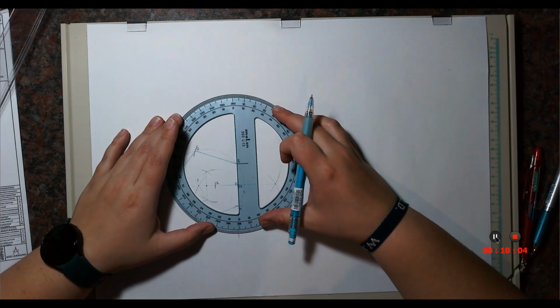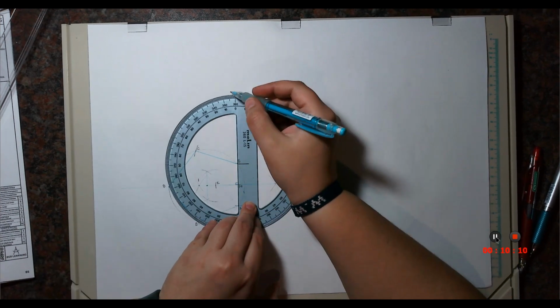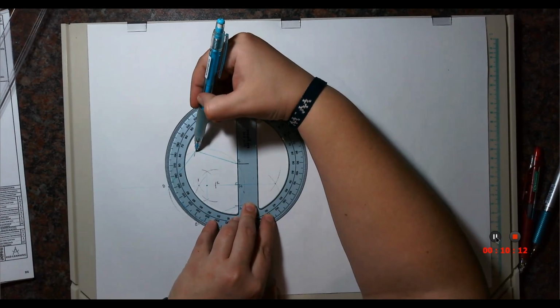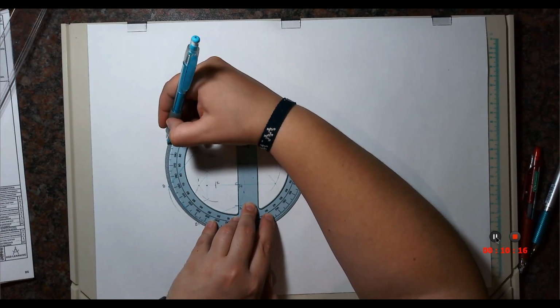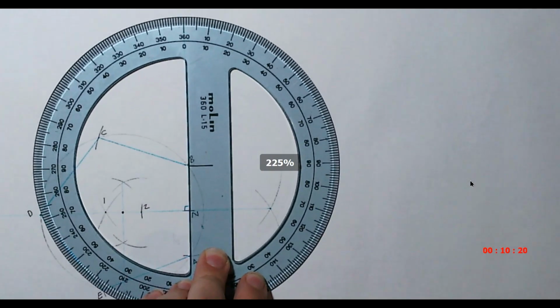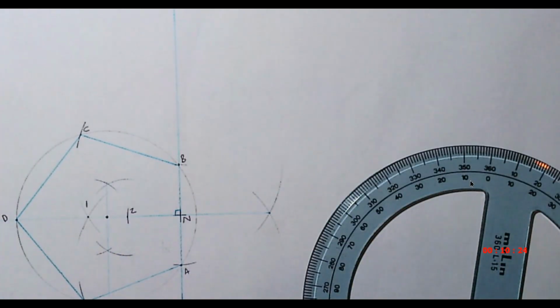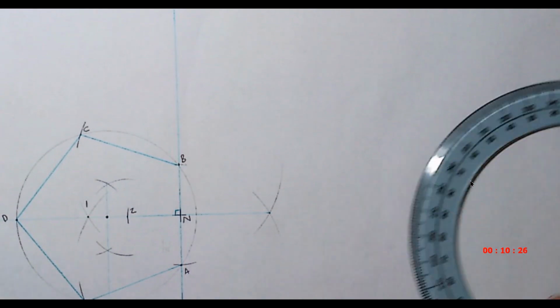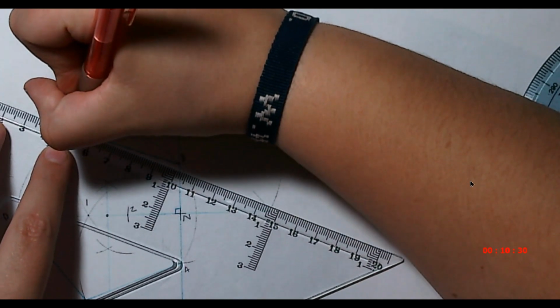If you put your protractor down nicely, there we go, line it up nice and neat, you can see that if I extend this line, it's going to meet 72. Let me see if I can zoom in for you. There you go. I'm going to extend this line, let's make it red, so you can just see that nice. Just going to extend.